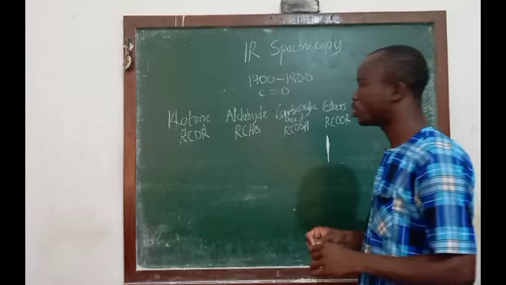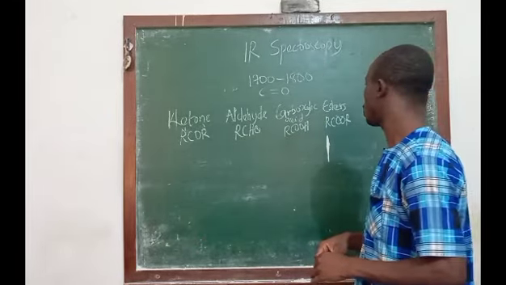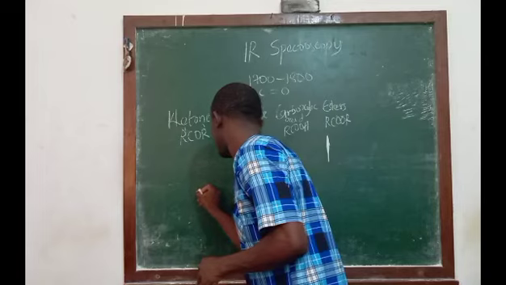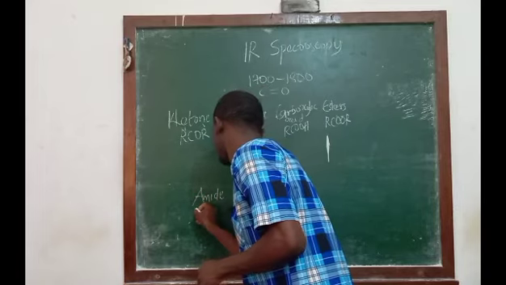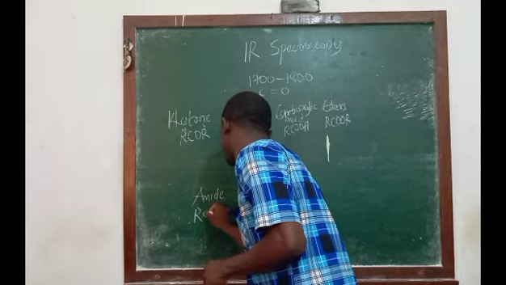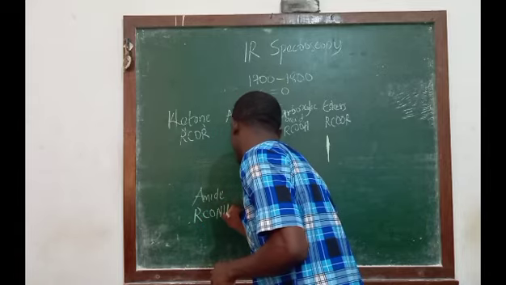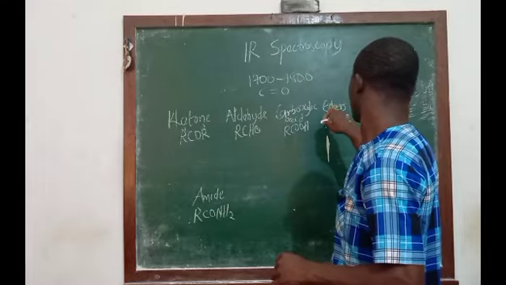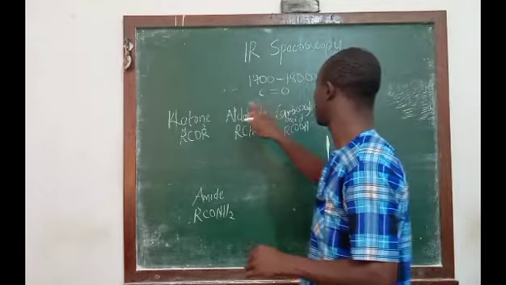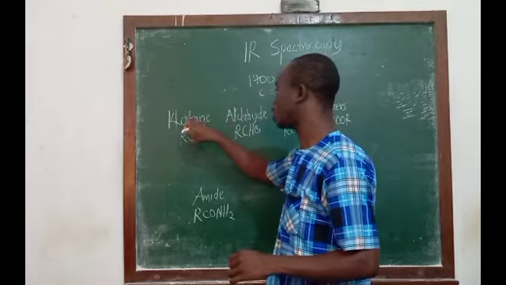Now, I also mentioned earlier that you can also have amide, which is RCONH2. So this is amide. This is ester, carboxylic acid, and aldehyde, ketone.